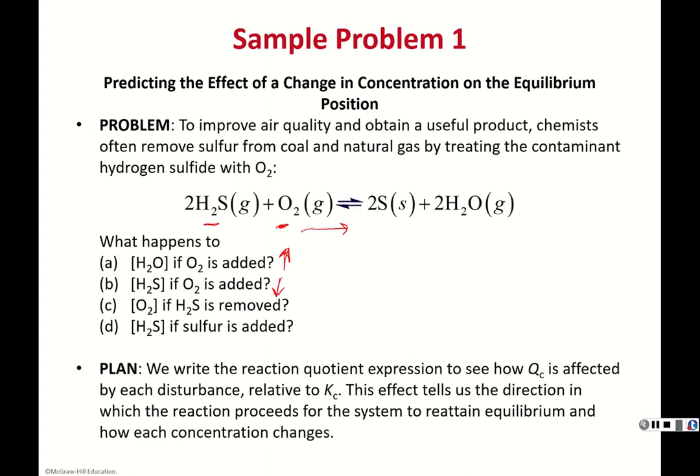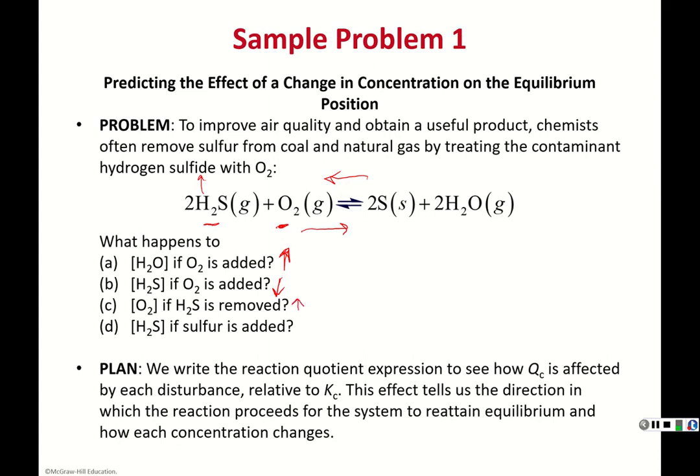Okay. The concentration of O2 if H2S is removed. Right, so there, if we're removing H2S, that's on the same side as O2, that's going to push the equilibrium in the opposite direction. It'll push the reaction this way if we're removing H2S, right, pulling it out. If we push the reaction this way, the concentration of O2 would increase.